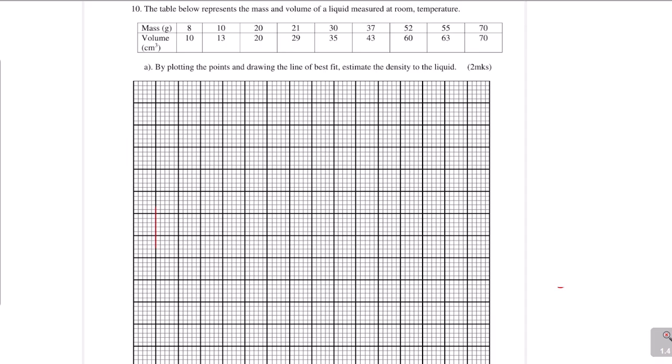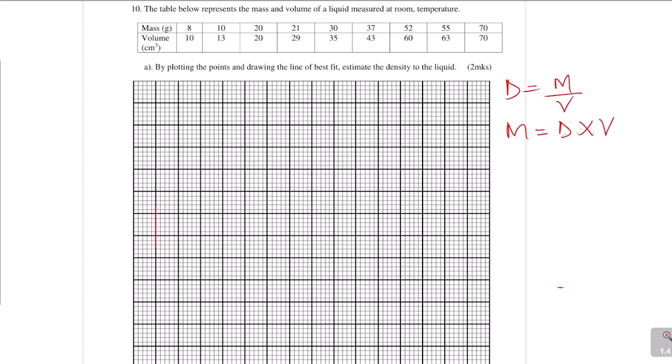So the first thing is to understand what you are supposed to plot on the y-axis and on the x-axis. Dealing with density, density is given by mass divided by volume. Therefore mass will be given by density times volume. We don't have density, so density here acts as the gradient.